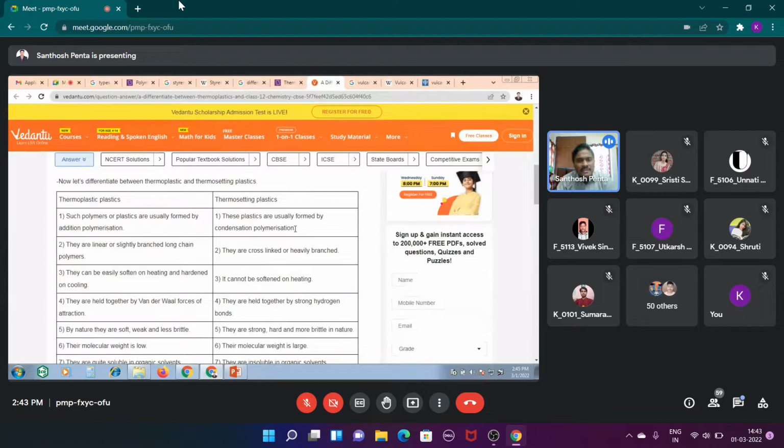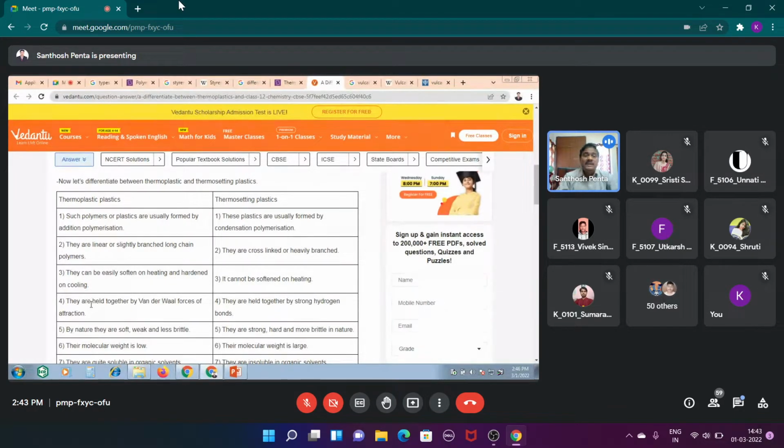These are formed by condensation polymerization. Thermoplastics are linear and slightly branched long chain polymers. Most of the time, linear structures are there. But in the thermosettings, cross-linked polymerization may be there, cross-linked cyclization may be there. Thermoplastics can be easily softened on heating and hardened on cooling.